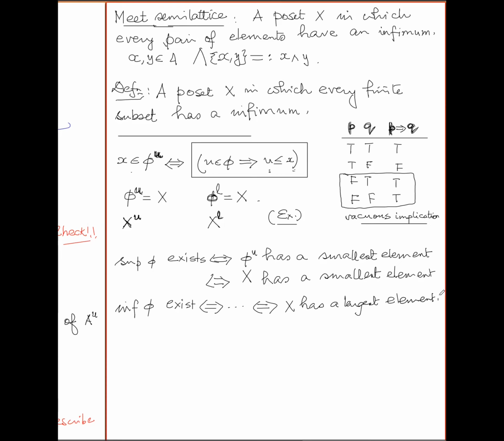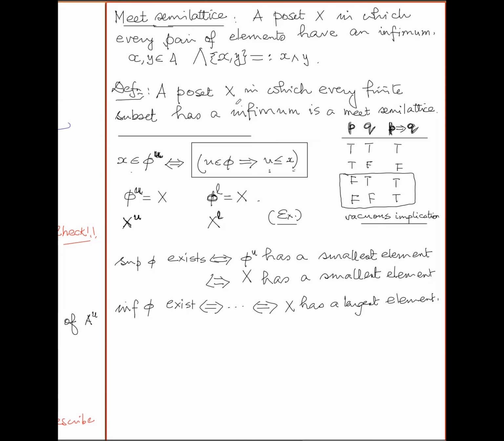So in this case, a poset X in which every finite subset has an infimum is a neat semilattice. So what is a neat semilattice, therefore? It says that if I take any finite set, I have an infimum, and obviously I have the infimum of the empty set.